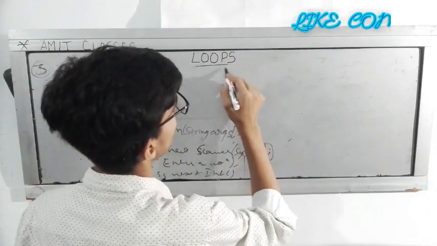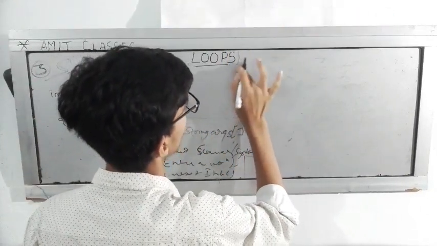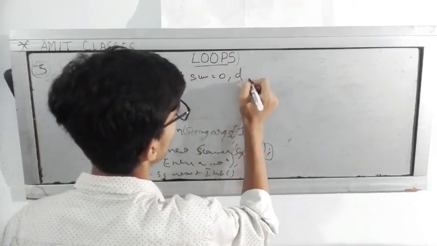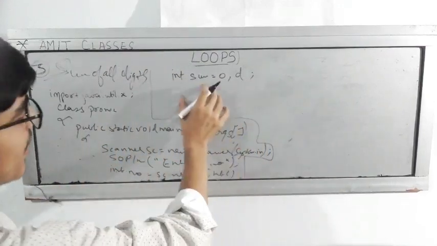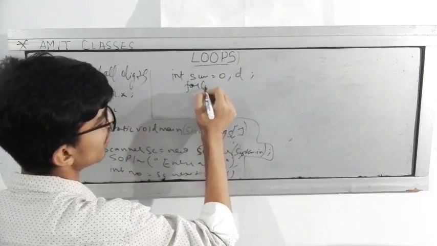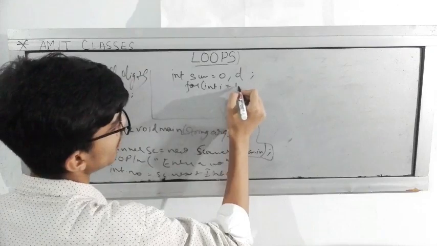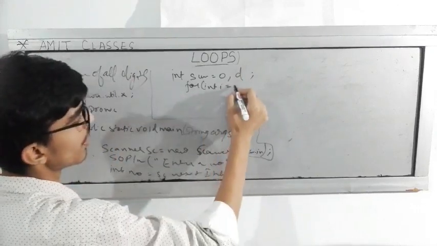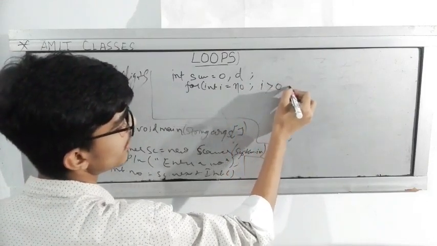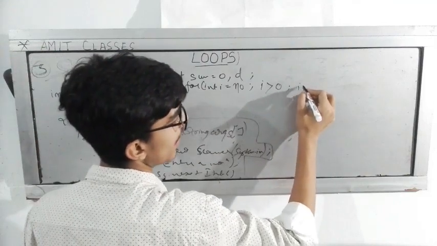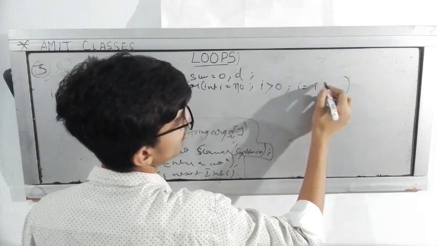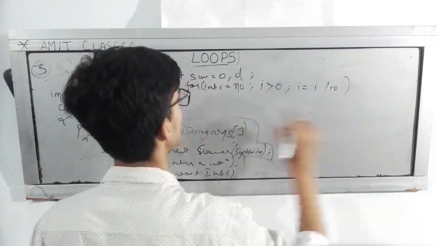After this, now we'll take sum is equal to 0 and a d variable. Here we have taken int sum is equal to 0 and a d variable, right? For int i is equal to number, i is more than 0, and i is equal to i by 10.